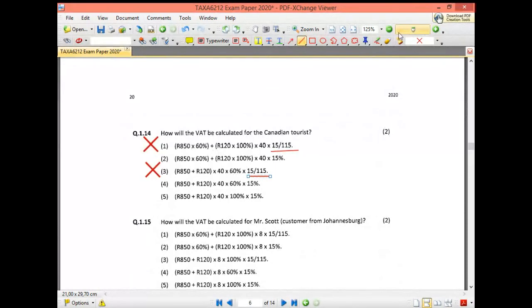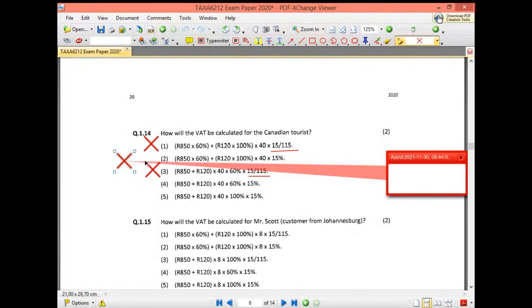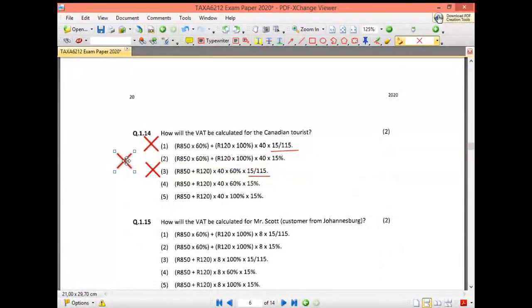So that means number 2 is also incorrect. So based on the fact that it was a long stay, number 4 would actually be the correct one. If it was a shortened period, it would have been number 5.